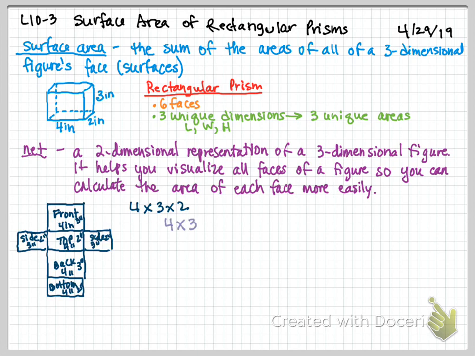So 4 by 3 went with the front and the back. Okay. So the area is 4 times 3, which equals 12. Now, because the front is an area of 12 and the back is an area of 12, remember, you have 2 of them.